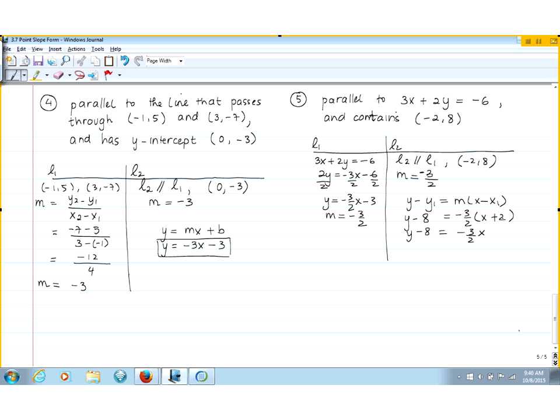Negative 3 over 2 x. Now let's distribute this: negative 3 over 2 times 2, minus 6 over 2, which is 3. The 2 cancels actually. Then you add 8 to both sides. So y is equal to negative 3 over 2 x plus 5. Finish.